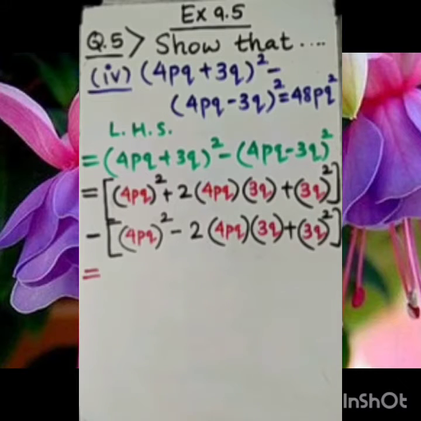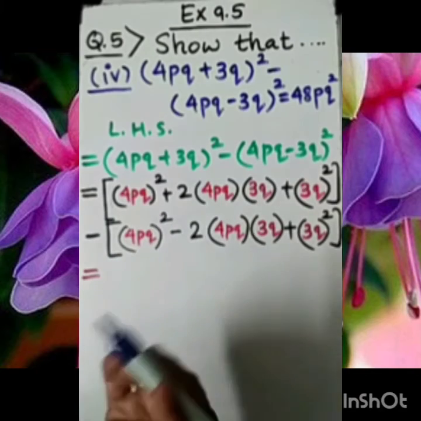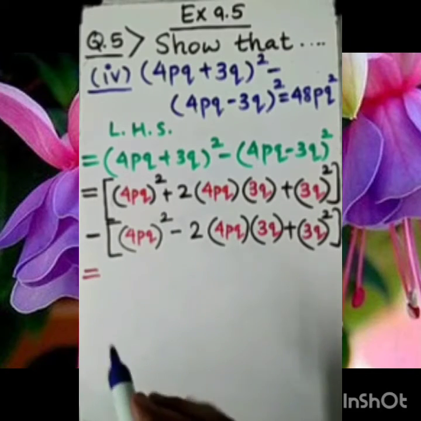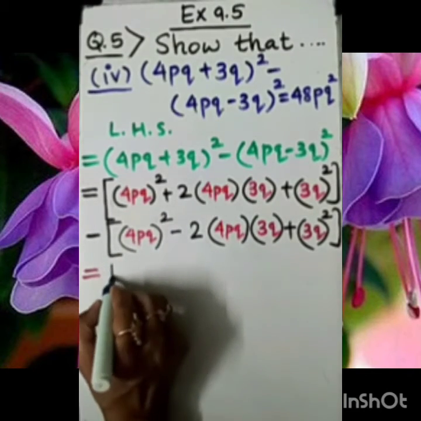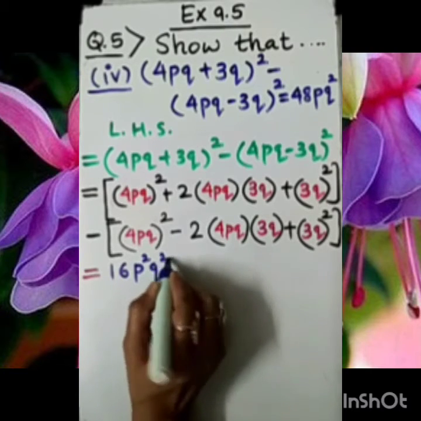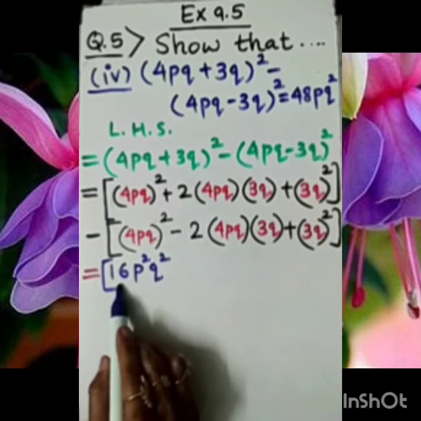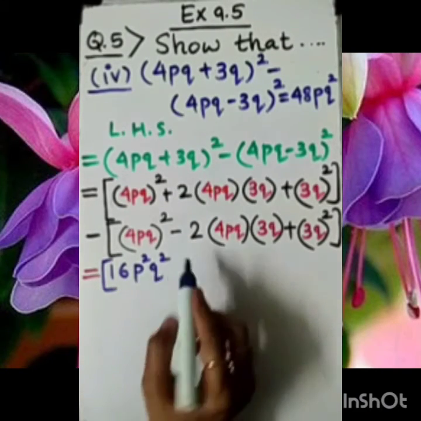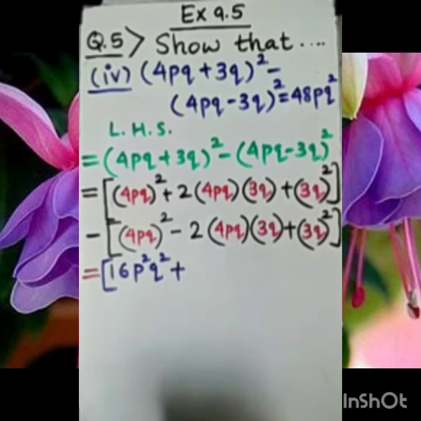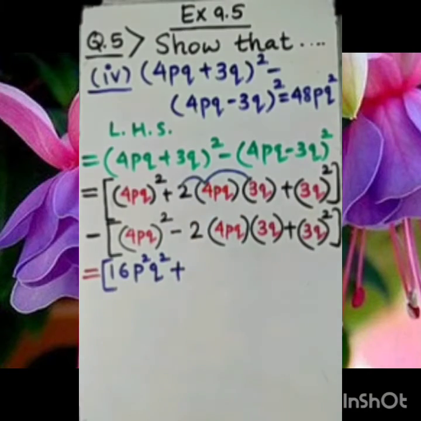First of all, we know 4 square. What is 4 square? It will be 4 into 4, just 16. P square, q square. Right? In the first bracket I need to write 4 square, which is 16 p square q square. Plus, here plus sign. All these three terms are connected with a product sign, so we need to multiply.